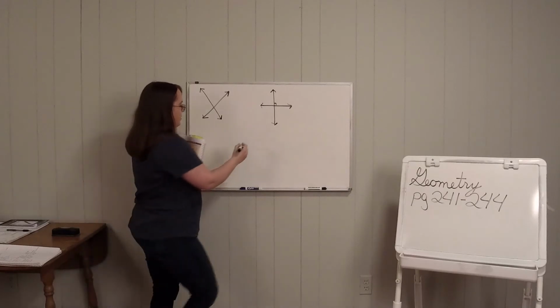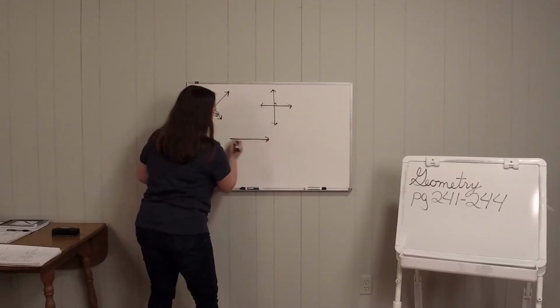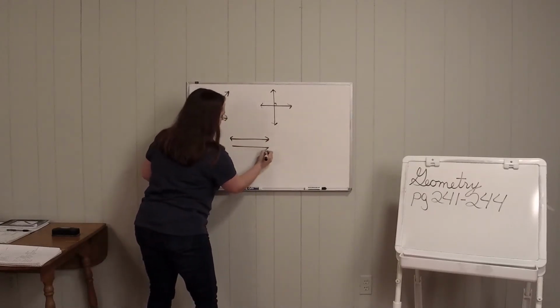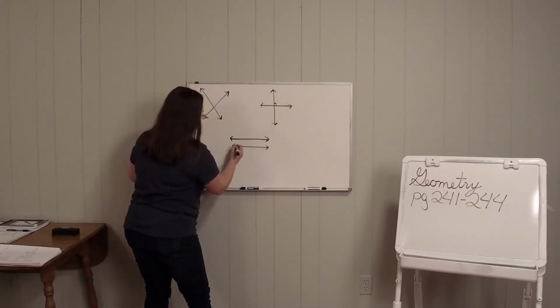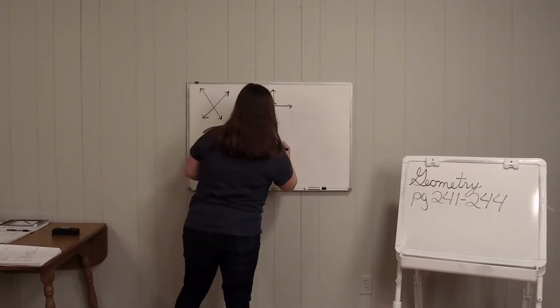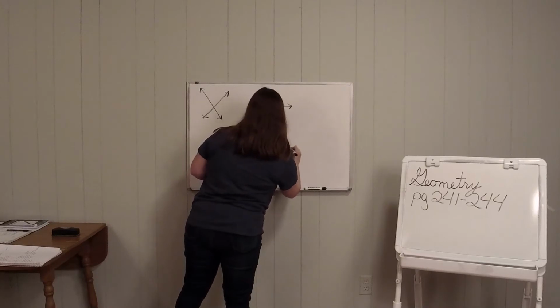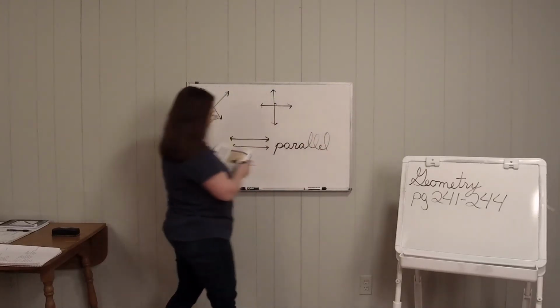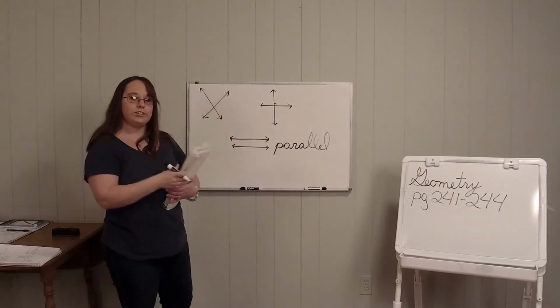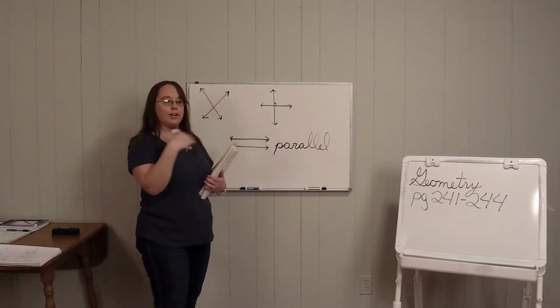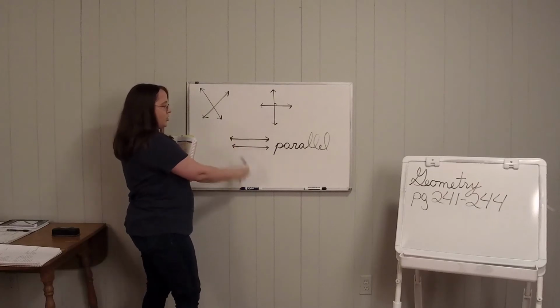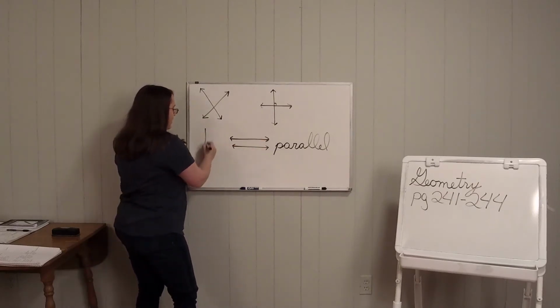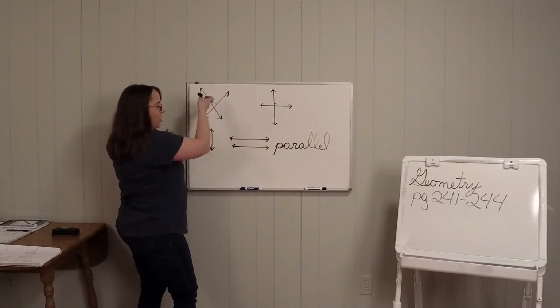Then you have parallel lines. Parallel lines are lines that never intersect. They just run side by side forever. They're never going to cross each other. They can also go up and down, so they can go horizontal or vertical.